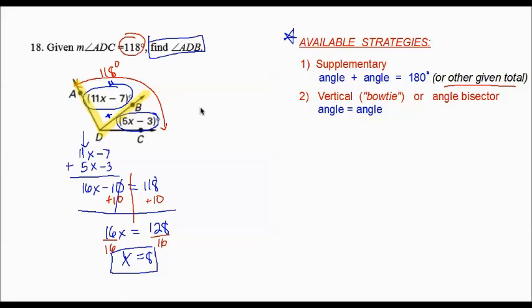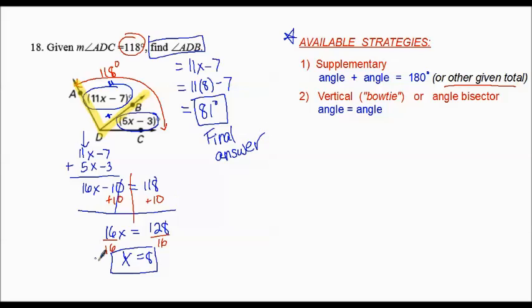So that angle is equal to 11x minus 7, but we already know what x is now, so I can substitute the x for an 8 and figure out the final answer of my problem, 81 degrees. This should be the final answer. So finding the x was just an intermediate step to then continue finding our final answer.